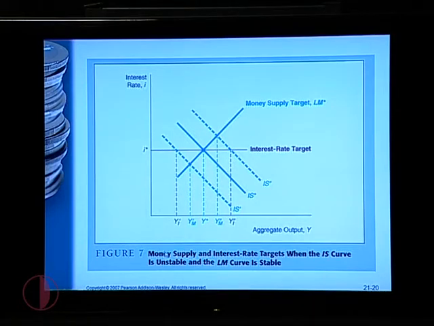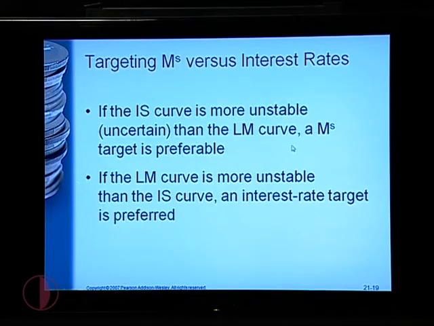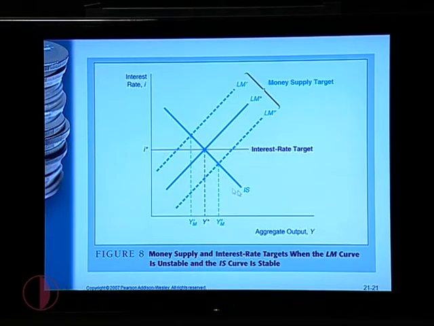So here, money supply and interest rate target when the IS curve is unstable and the LM curve is stable. So we can take the other decision. Than the LM curve, it means money supply is preferable, while when the LM curve is more unstable than the IS curve, then interest rate target is preferable here.